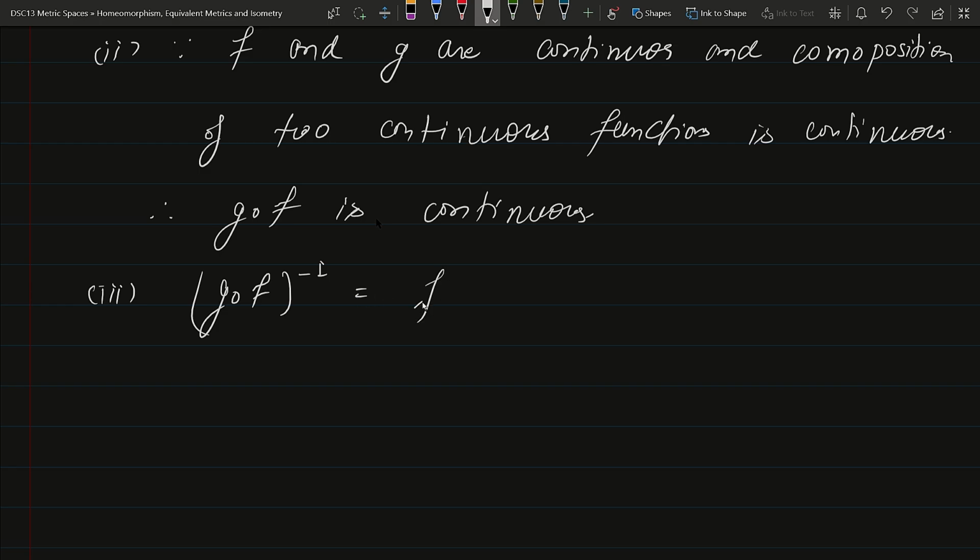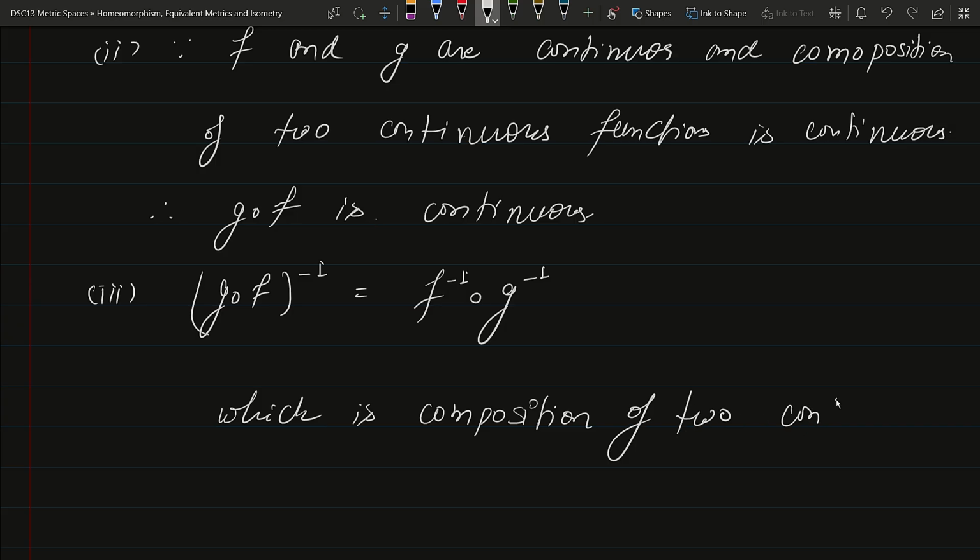Third thing is, what about (Z of f) inverse? Of course, we know that this is f inverse of Z inverse. And again, Z inverse and f inverse both are continuous, and this is defining a composition of two continuous functions, f inverse and Z inverse, right?